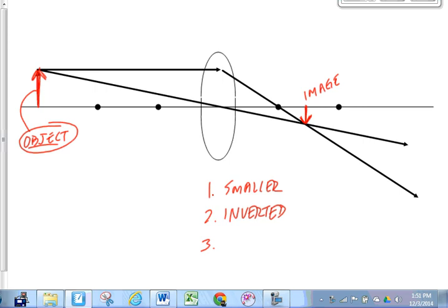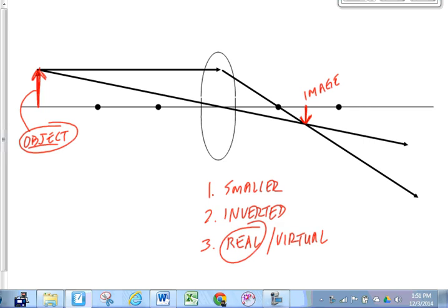The third one is whether the image is real or virtual. This one is real. Now, how do you know that? What is a real image, first of all, and how do you know that this one is a real image?